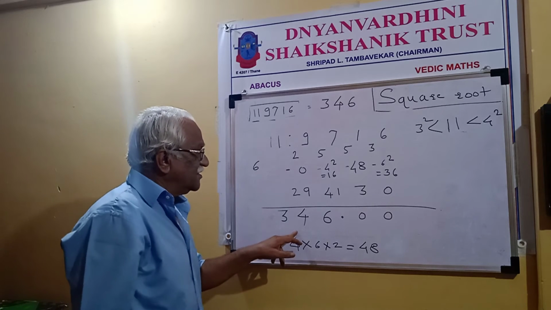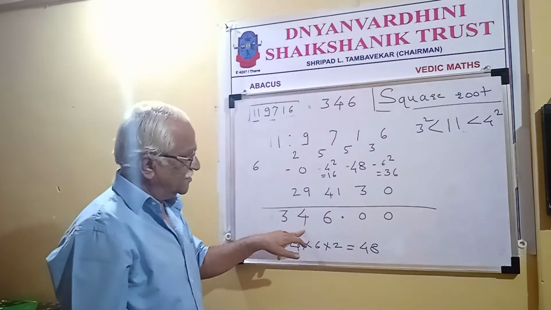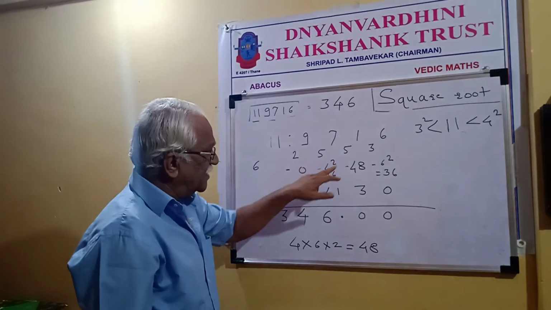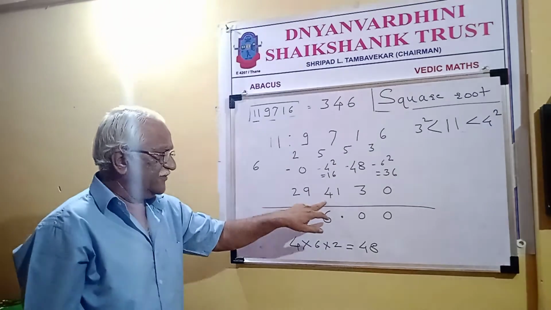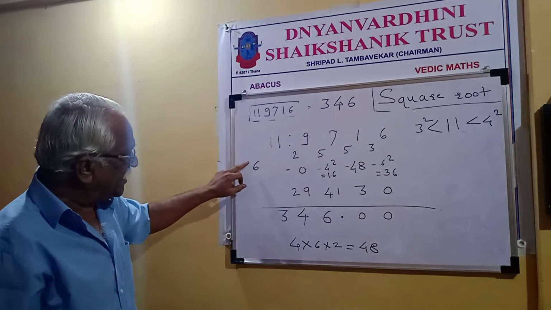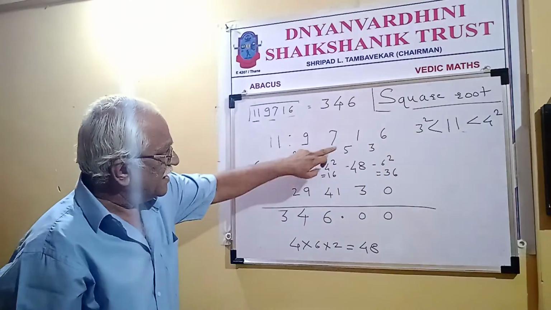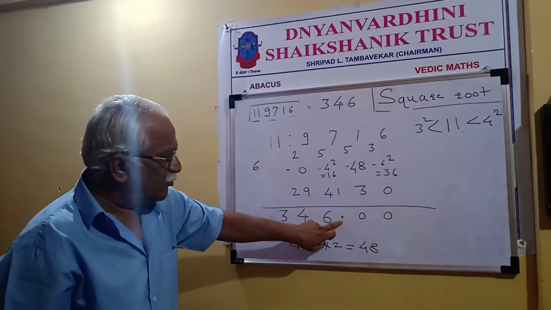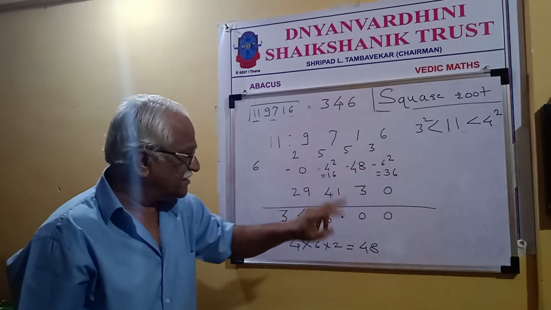Here we are subtracting the square of this 4, that is minus 4 square, that is 16. So the net dividend comes to be 41. And again we have divided 41 by 6. That is 6 6s are 36. Remainder 5. Here we have put the dot for the next decimal points.